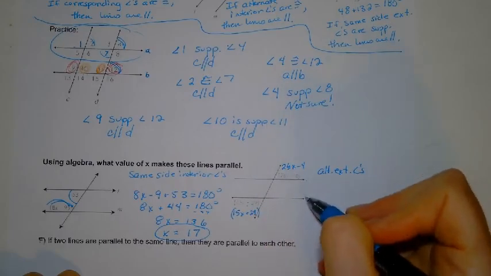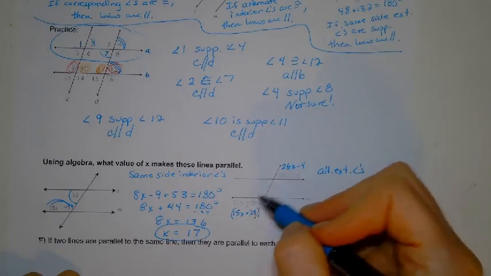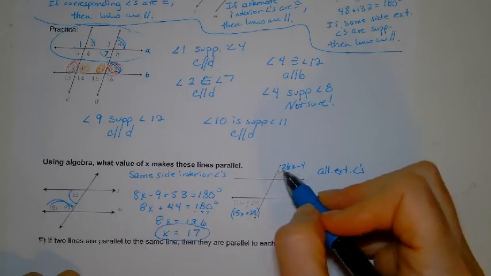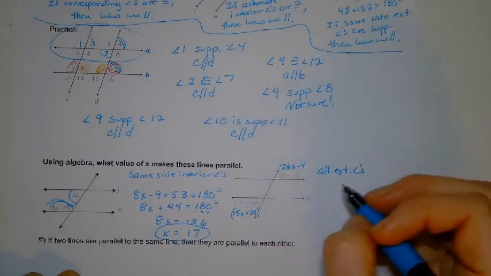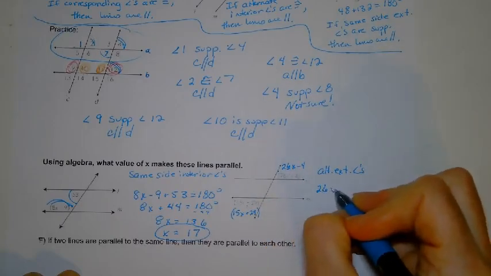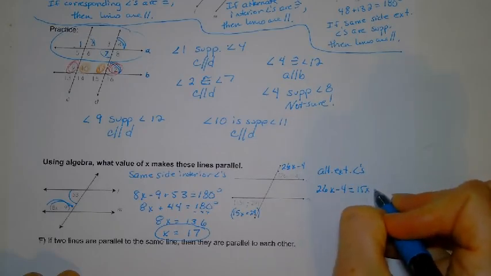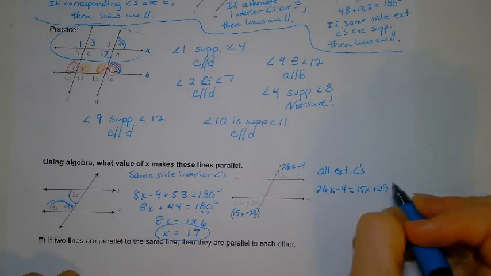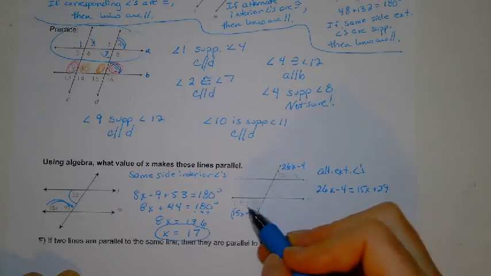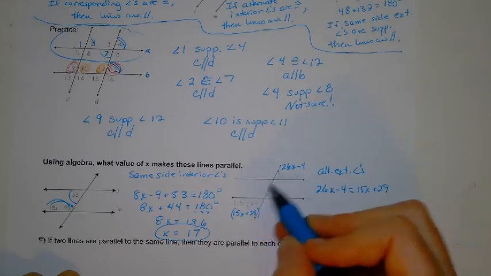We need to find the value for x that makes these angles congruent. So 26x minus 4 equal to 15x plus 29. So if these two angles are congruent, then that means the alternate exterior angles are congruent and these lines are parallel.